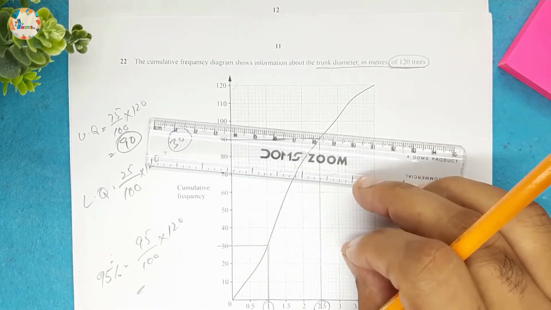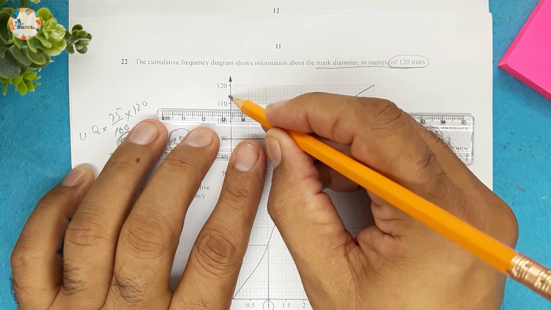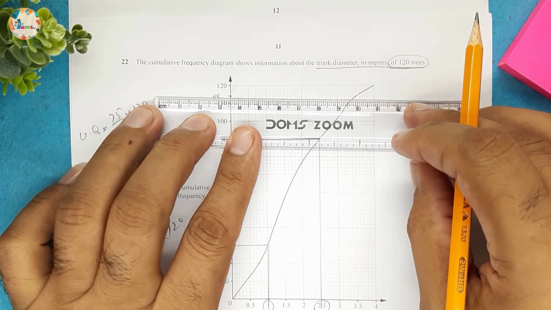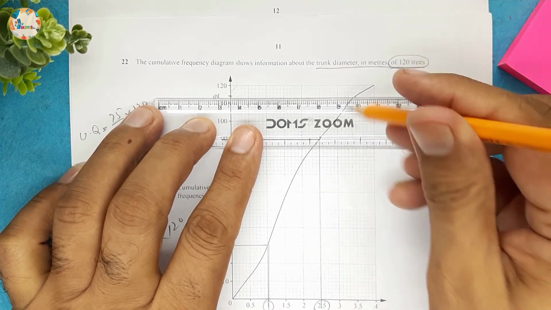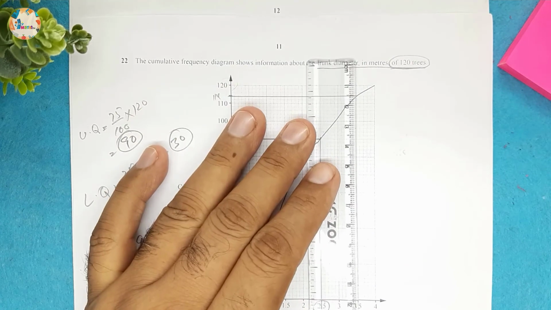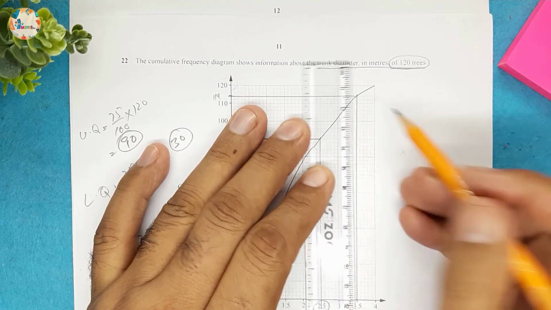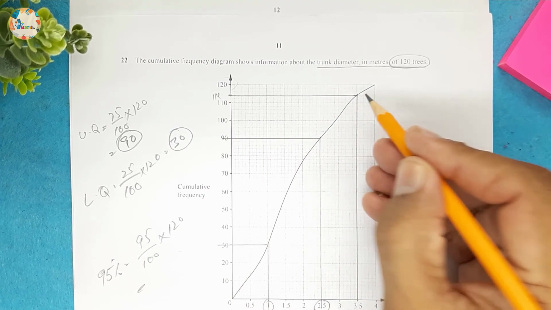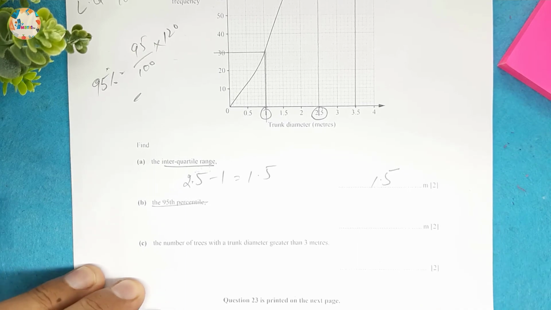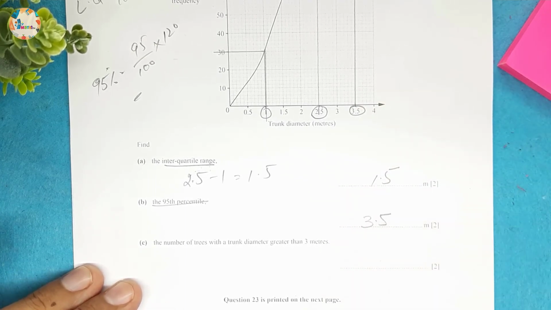So 110 is this one. 114 will be basically this reference. So carefully we will be drawing this line like this, and from here also we need the reference, which is over here. So this will be basically over here, which is 3.5. So 3.5 will be our answer.